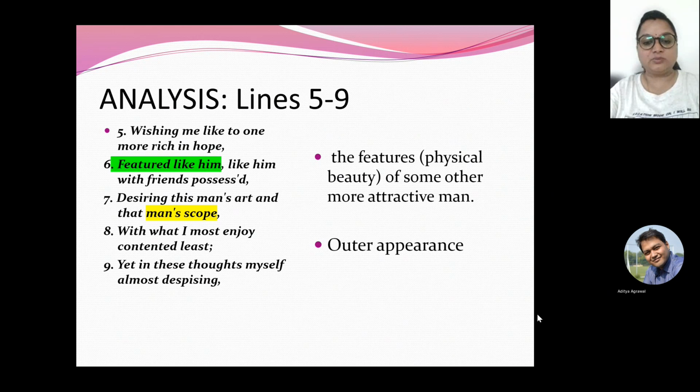And in these lines, what happened? Shakespeare finds himself envying others. He feels that everyone has something that he lacks. For example, Shakespeare wishes he was wealthier, better looking, and popular.